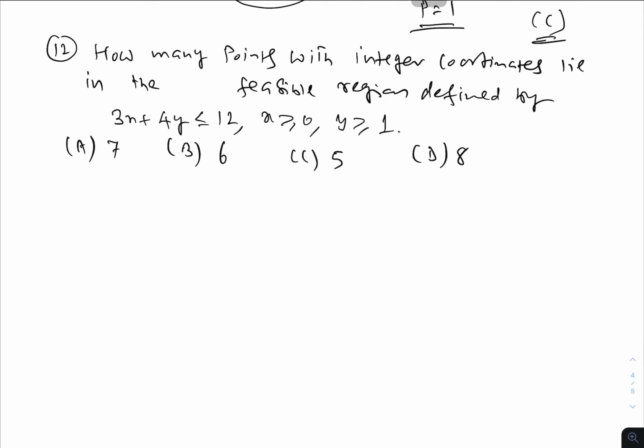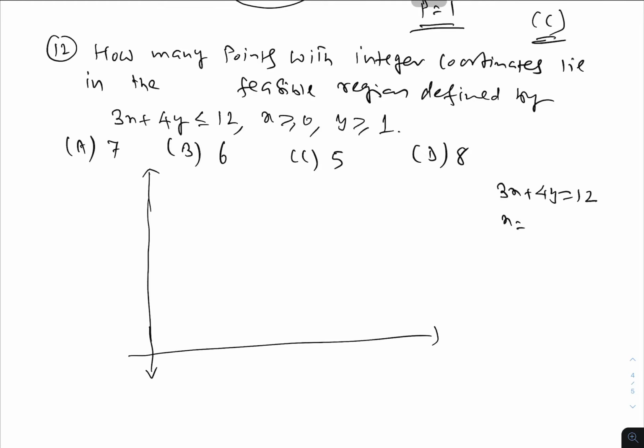Now we need to very quickly draw this region: 3x plus 4y less than or equal to 12, x greater than or equal to 0, y greater than or equal to 1. So we need to draw the line 3x plus 4y equal to 12. If I take x equal to 0, y equal to 3, and y equal to 0, x equal to 4.